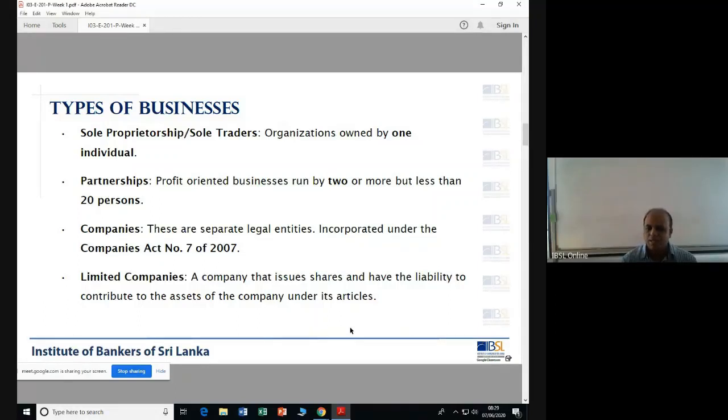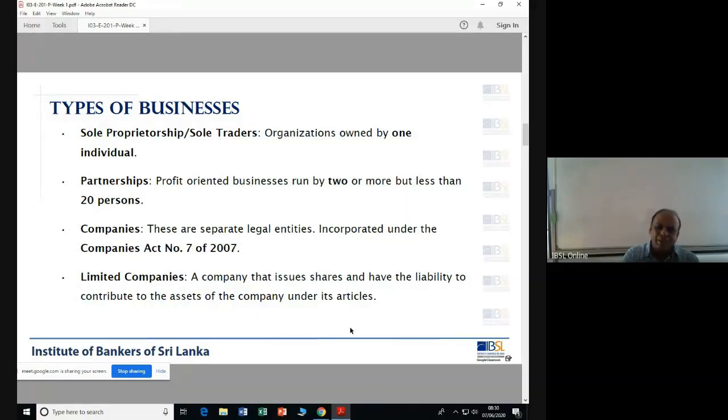They are called companies because they are incorporated by an act called the Companies Act number 7 of 2007. Actually, prior to the Companies Act number 7 of 2007 coming in, there was another Companies Act which governed all the companies prior to 2007.